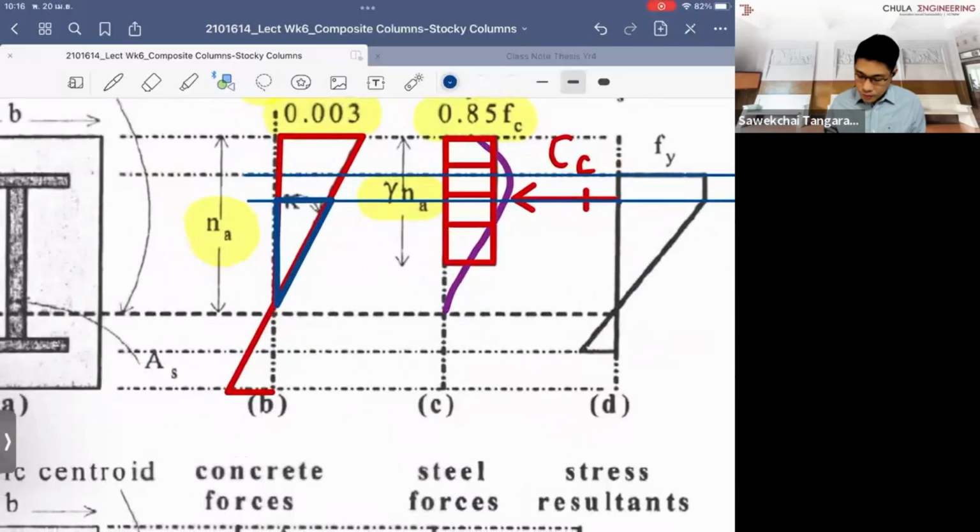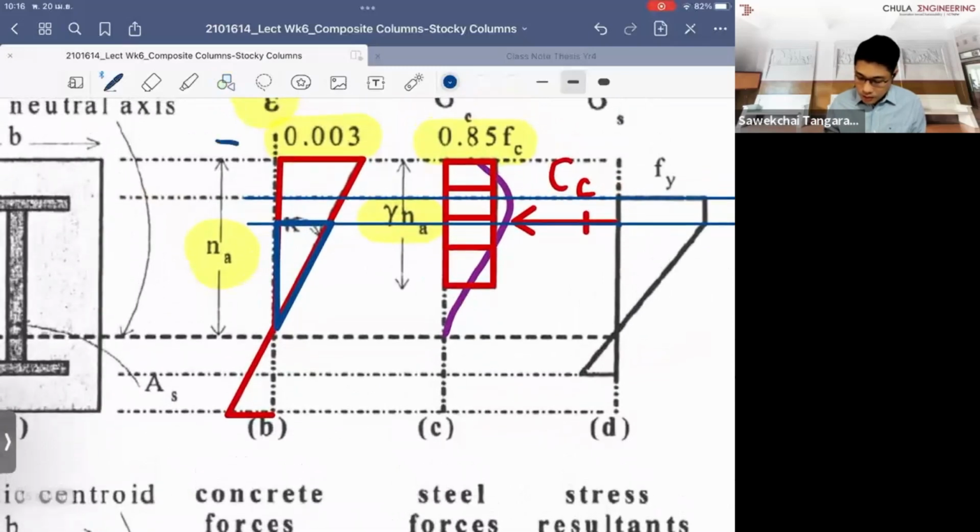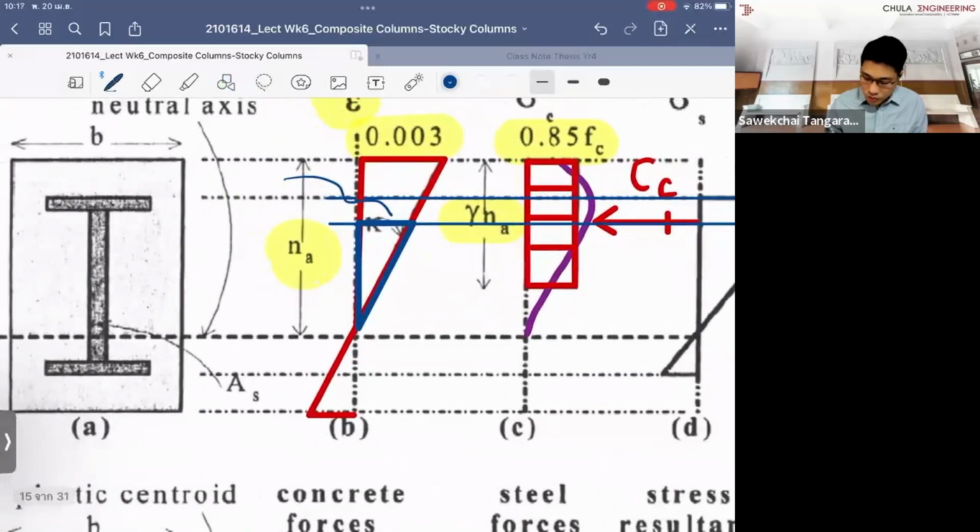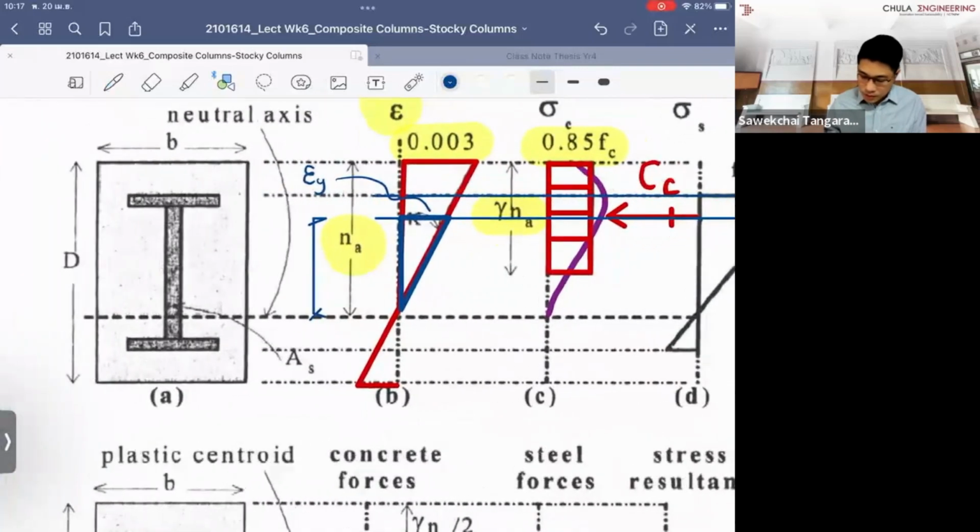And you find that, okay, when the strain value is equal to the yield strain, you just find the linear proportion to the depth here, which is equal to NA times epsilon y divided by 0.003.